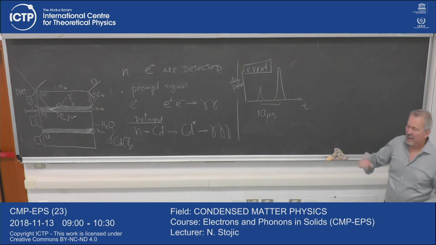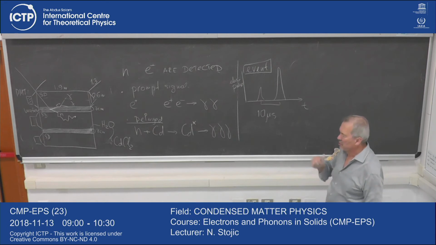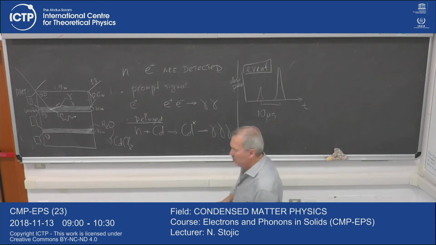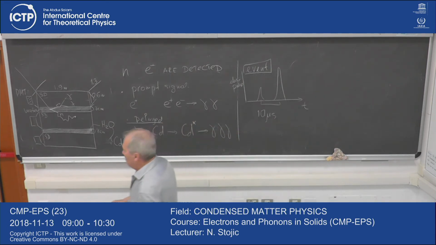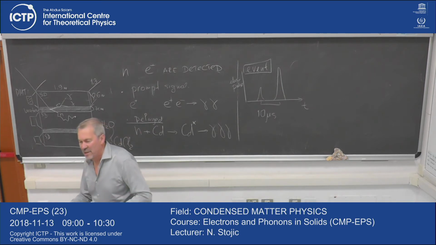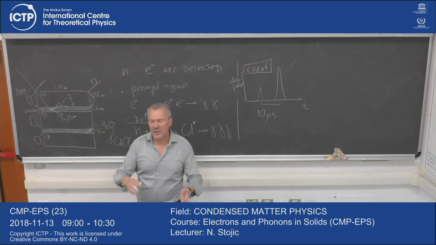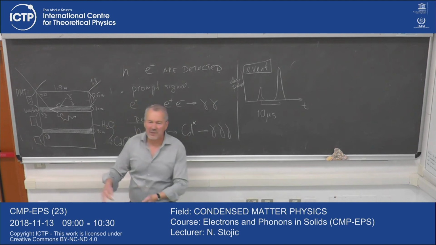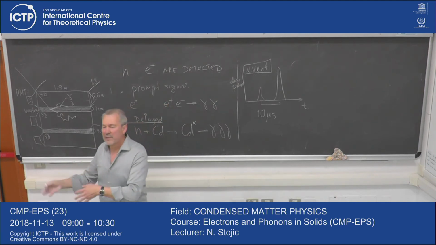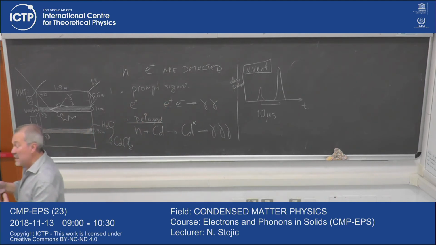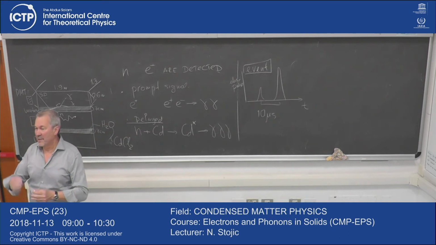This positron annihilates with an electron, this neutron is captured by cadmium, again producing these gammas. These gammas are converted to low energy X radiation. This X radiation produces the photoeffect. This photoeffect in photomultipliers produces an enhanced signal, and then what we are detecting is this. So it's not like immediately, one step.